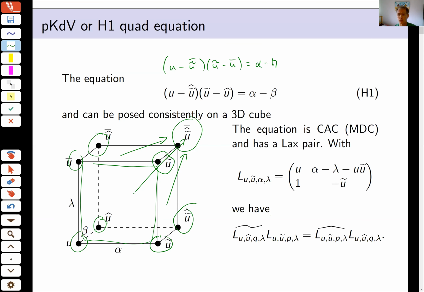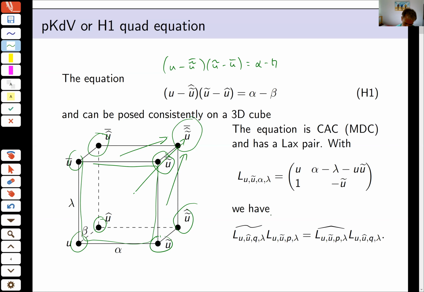That implies multidimensional consistency, so this cube can be embedded in higher dimensional cubes, and restrictions of that will give you quad lattices or quad graphs. Now, this 3D consistency gives you a Lax pair.